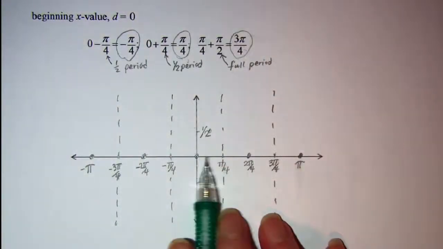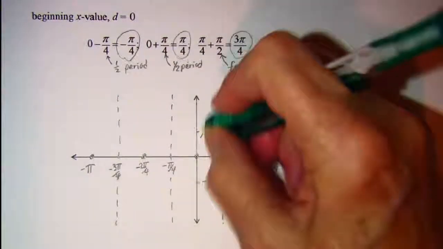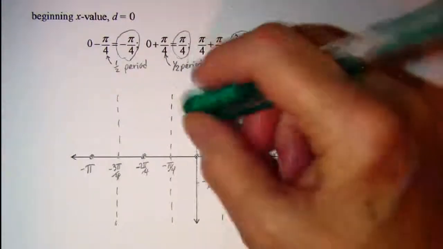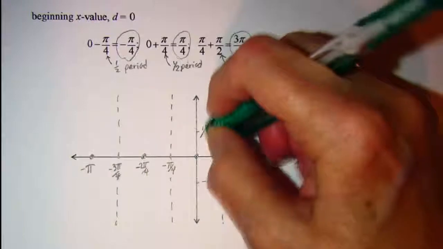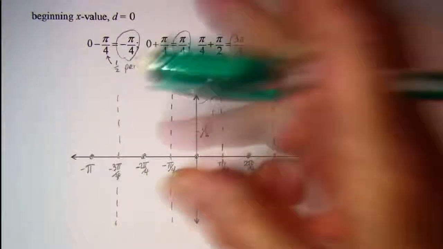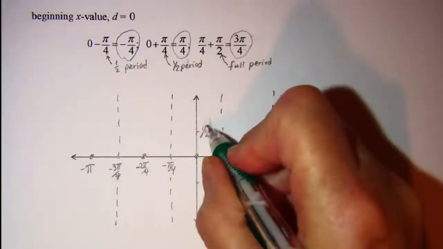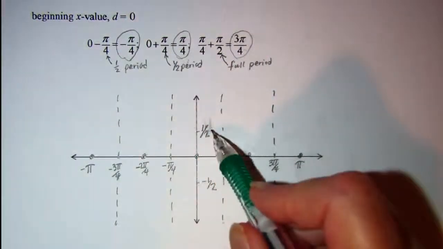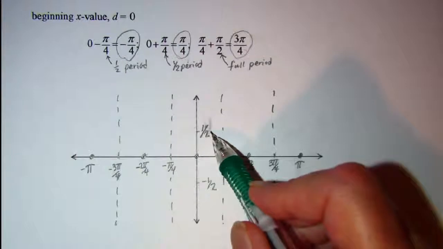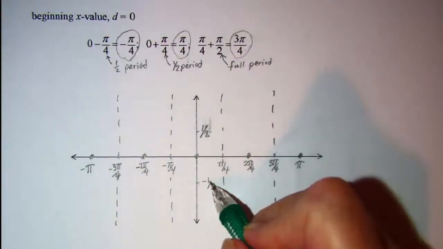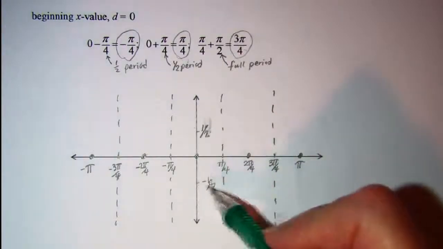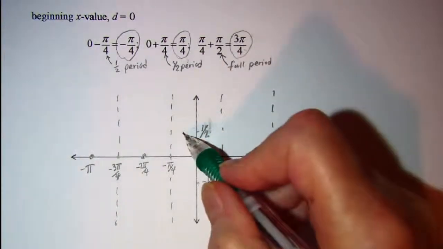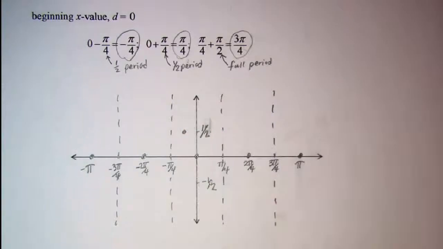Remember, this is quadrant 1, but my A was negative 1/2. So instead of marking a positive 1/2, I need to mark at my A value. So there's negative 1/2 there. And then on this one, this will be my positive 1/2.